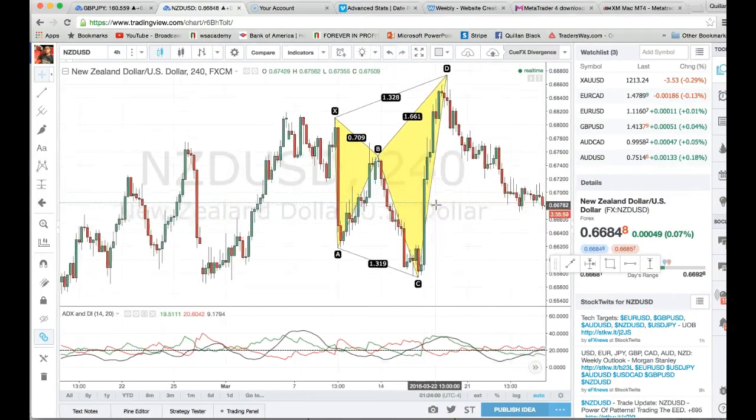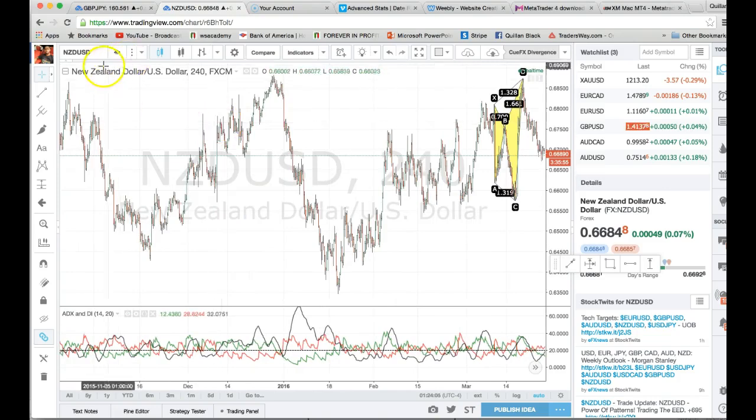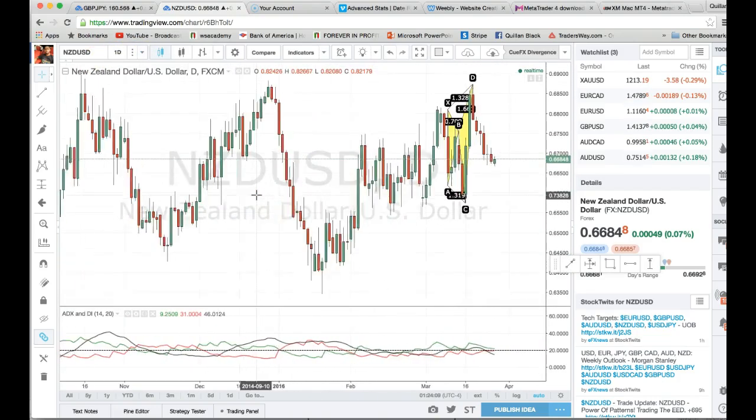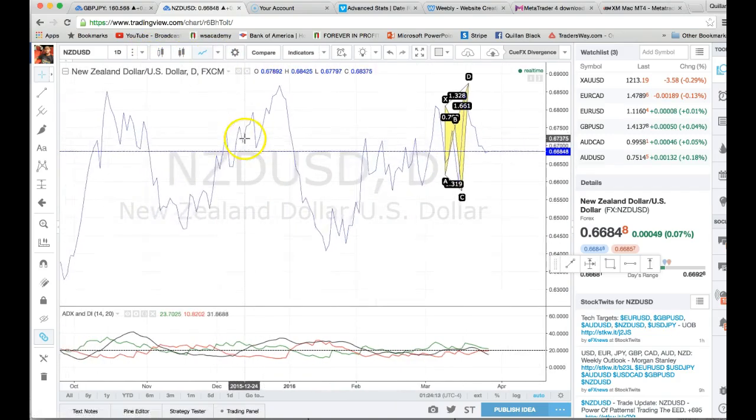Once again, this right here is on H4, so just take that into consideration also. So once I do that, it's marked up. Go on my daily charts real quick. Do my quick markups. Get on my line charts. Mark off my key areas.